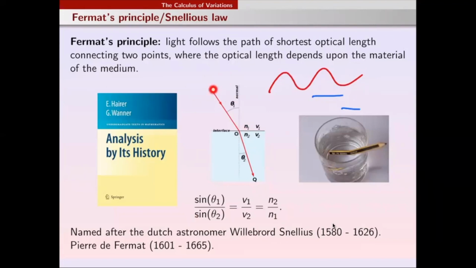He knew that if the velocity of propagation of light in this medium is v1 in the upper half, like in here, so air and water, for instance. This could be air and water here, right?